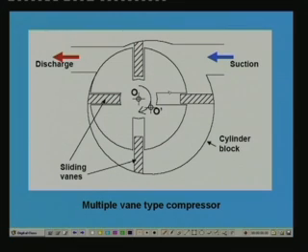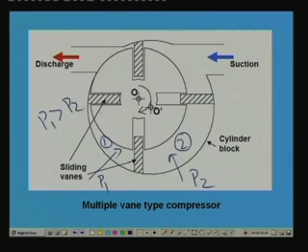Let us say this is cell 1, where the pressure is P1, and this is cell 2, where the pressure is P2. At this point of time P1 will be greater than P2. So there is a pressure difference between this cell and this cell. If there is a gap, then the refrigerant in cell 1 will try to flow back to cell 2.